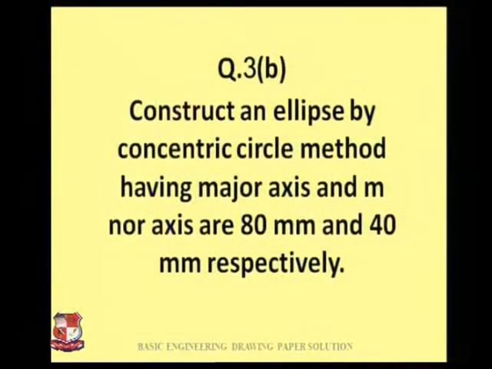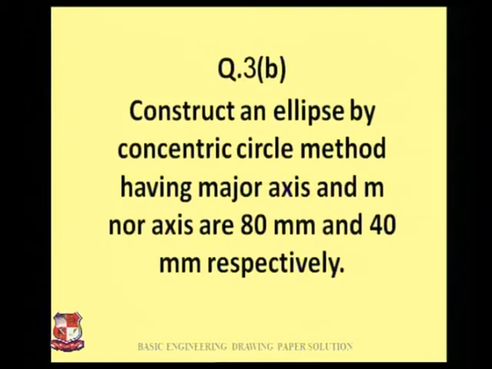If no method is given, then and only then you should use your preferred method. But if you are told to draw by concentric circle method, then you should only draw by concentric circle method. We will see how to draw ellipse by concentric circle method.